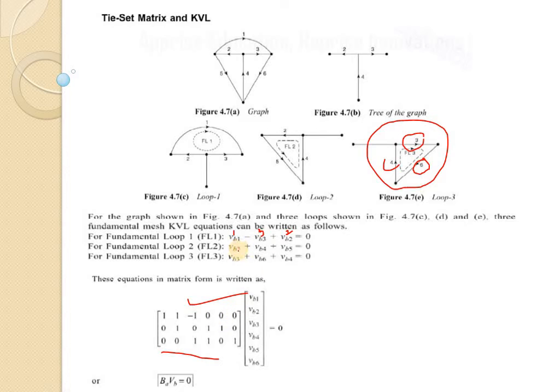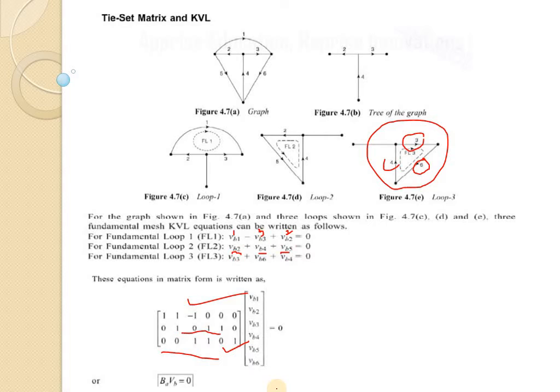In a similar way, for equation 2, in position 2 it will be plus 1, in position 4 it will be plus 1, and in position 5 it will again be plus 1. That means in positions 2, 4 and 5 there will be 1. In that way we have formed the incidence matrix, and here we have put all the branch voltages, and this will equal 0.